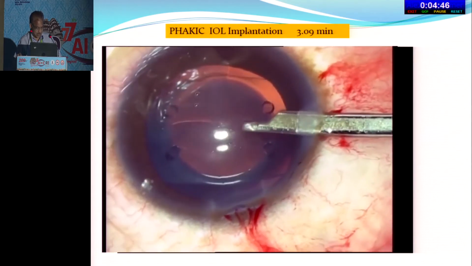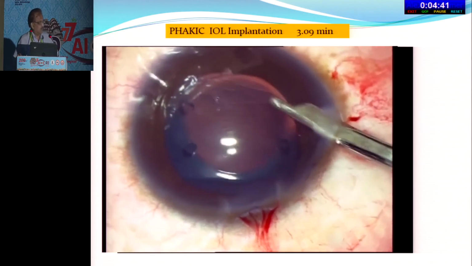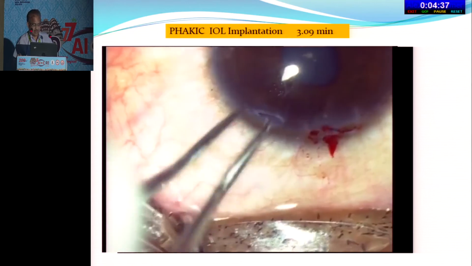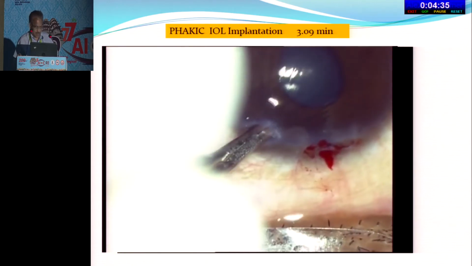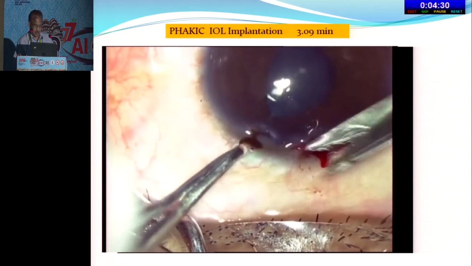Visco is aspirated completely. And iridotomy is done with the iridotomy scissors.